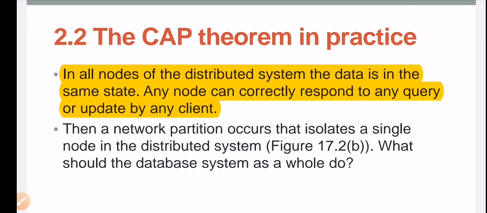What do we mean by same state? It means in all servers we have the same data. Any request to any server in the distributed system is able to accept your request and give you the result for that.